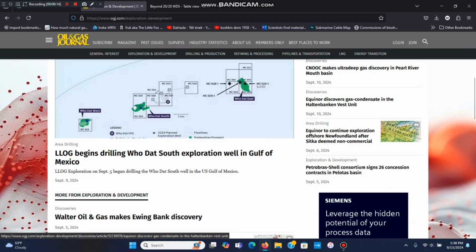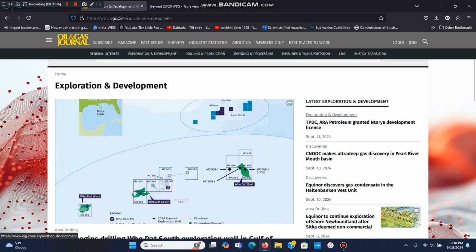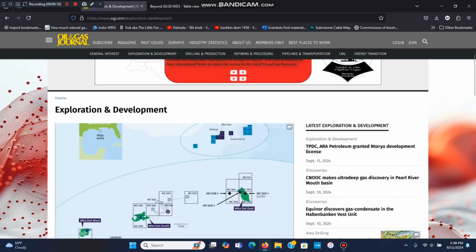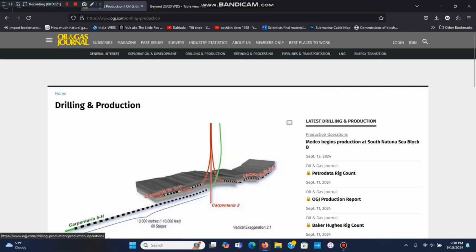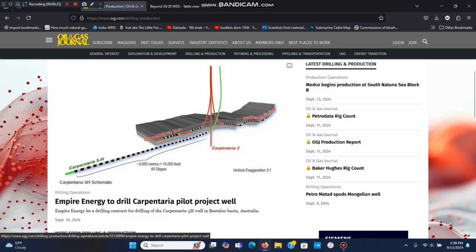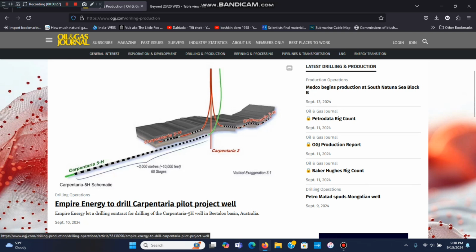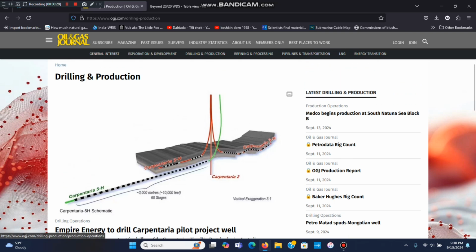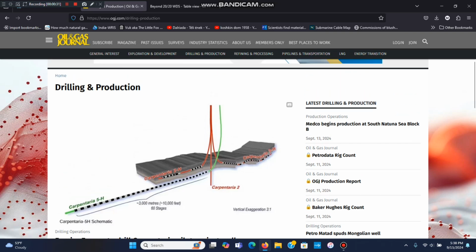So this is where you'll find updates getting published about new fields that have been discovered in specific areas or in drilling and production. A lot of the time is where you'll see articles and updates coming out about this field here or that field there, starting up production for the first time.